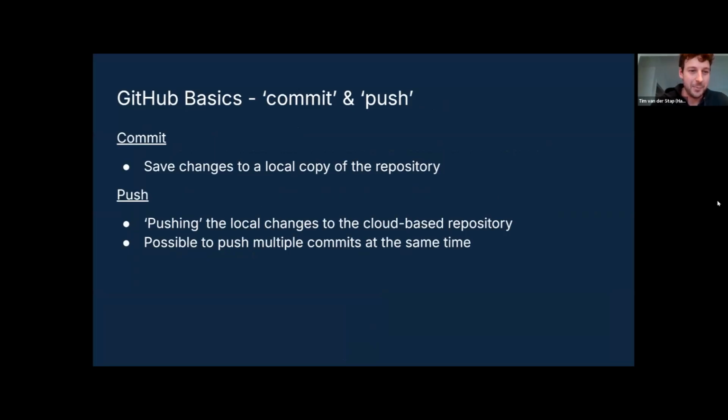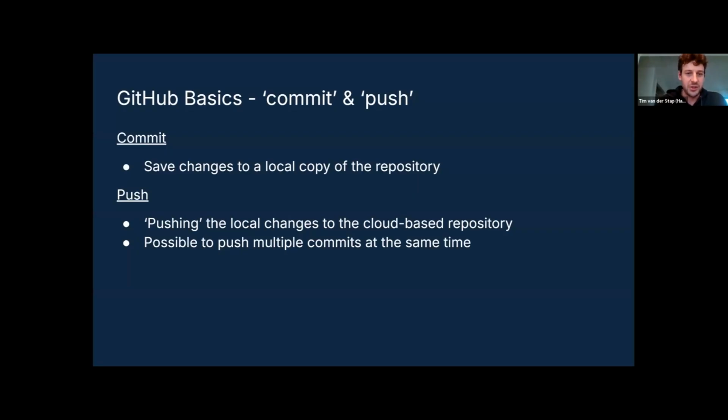Excellent. Thank you. To save any changes that you've made, you can store them on your local machine by committing them. Essentially, this saves changes to a copy of your repository on your local machine. But these changes will not show up yet within your cloud-based repository.